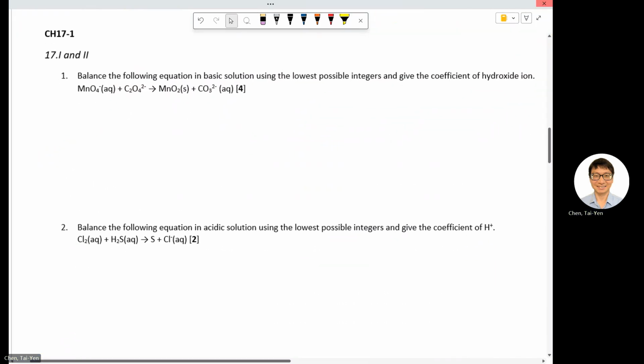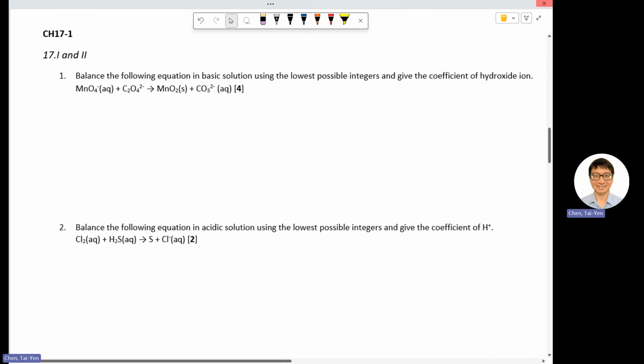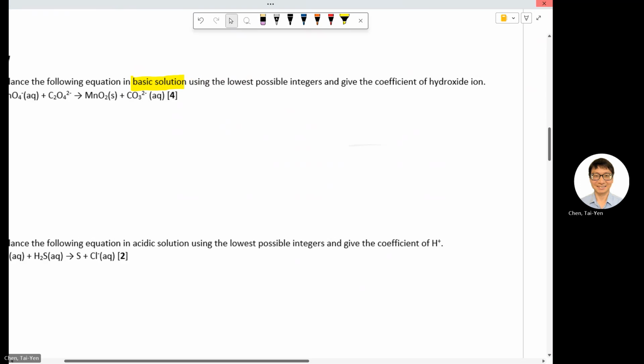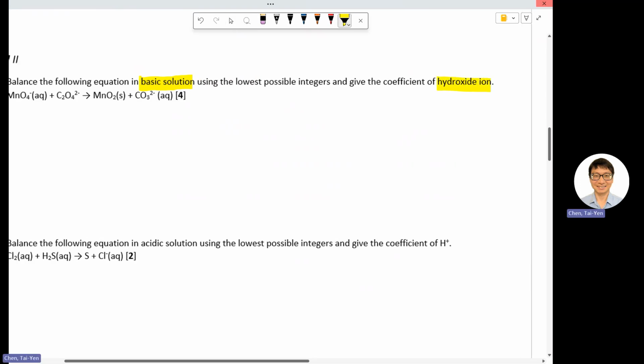The question says, balance the following reactions in basic solution using the lowest possible integers, and give the coefficient of hydroxide ions. So you know you are in a basic solution.